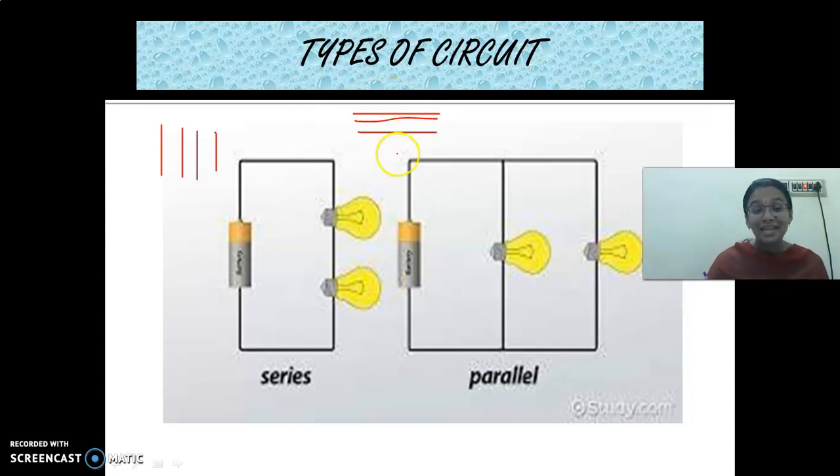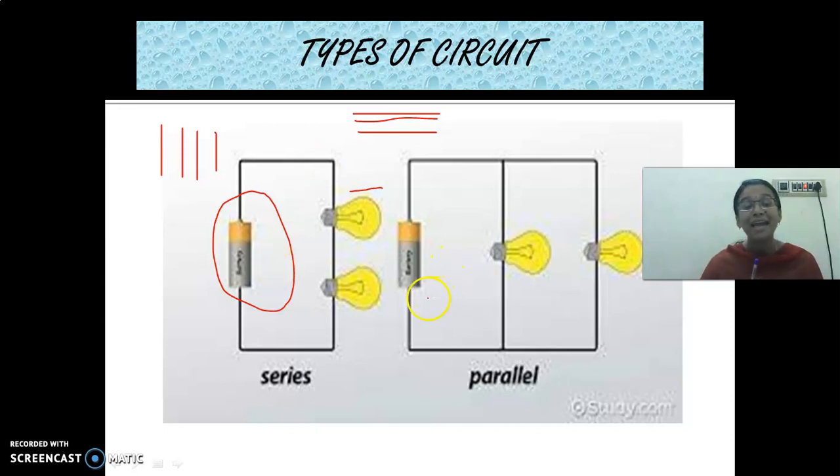So in the series connection, listen here, we have a cell. One end of the cell is connected to a bulb, and the other end of the bulb is connected to the other bulb, and the negative terminal is connected to the bulb. So what is this circuit? It is a closed circuit. Yes or no? Do you have any openings here? No. It is a closed circuit.